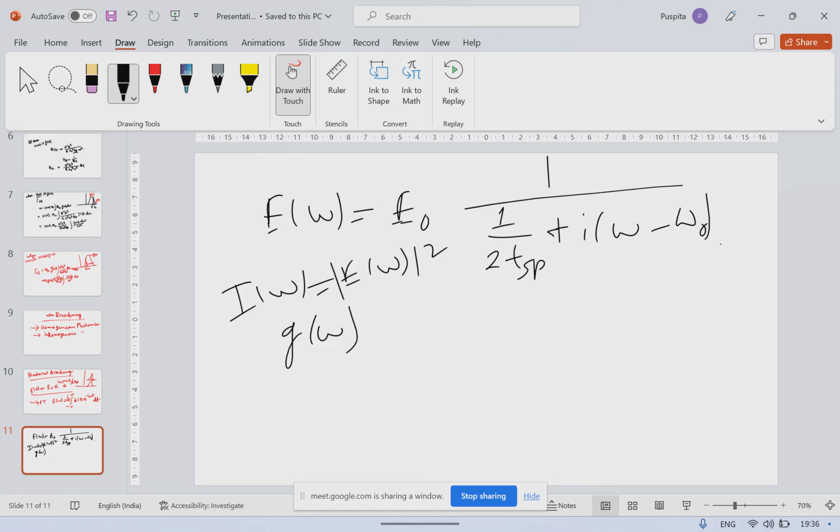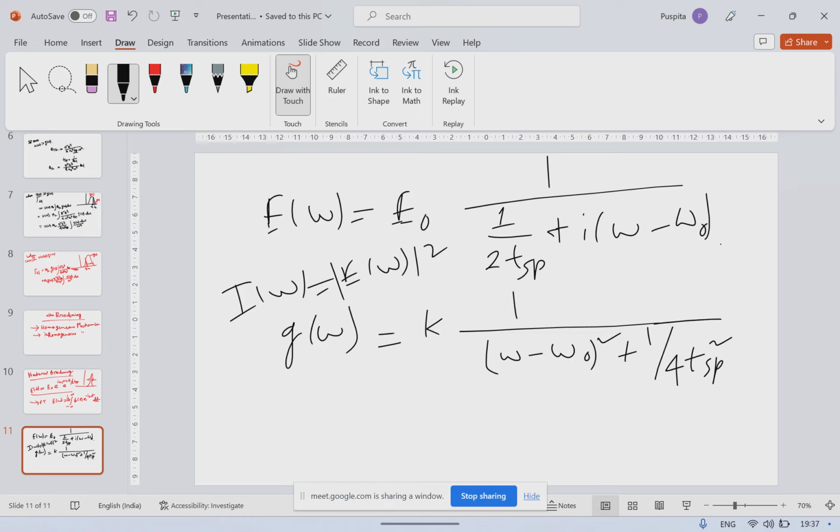So we may write that the line shape function is k into 1 over omega minus omega naught whole square plus 1 by 4 TSP whole square. That I omega will be a square of this thing. So the line shape function will be of this form. Now we need to determine the value of k.